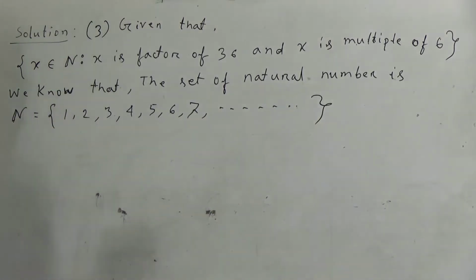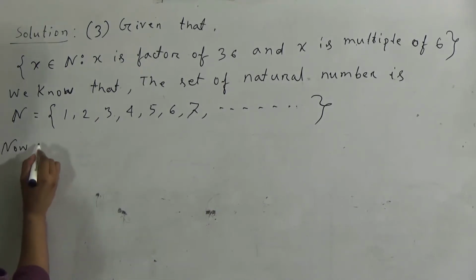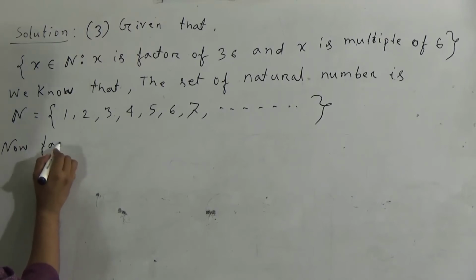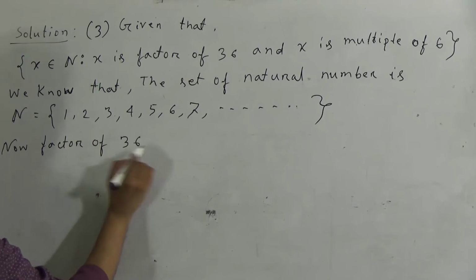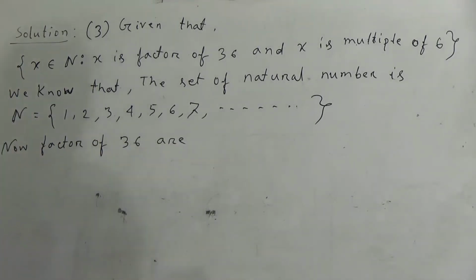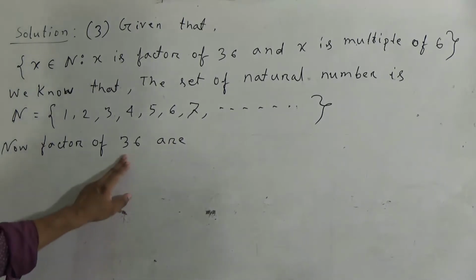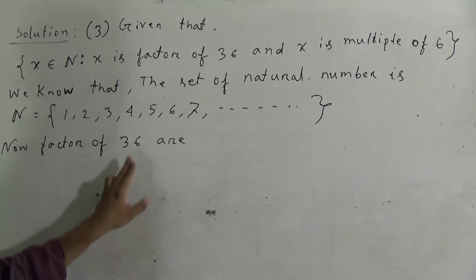Now we'll write the factors of 36. Factors of 36 are the numbers by which we divide 36. When the remainder is 0, then that number will be a factor of 36.